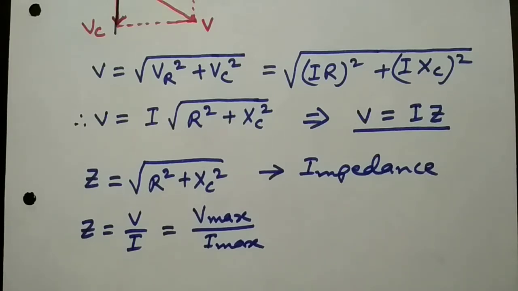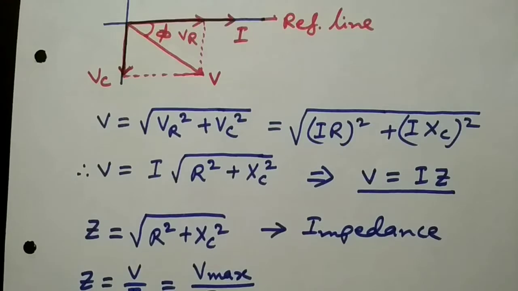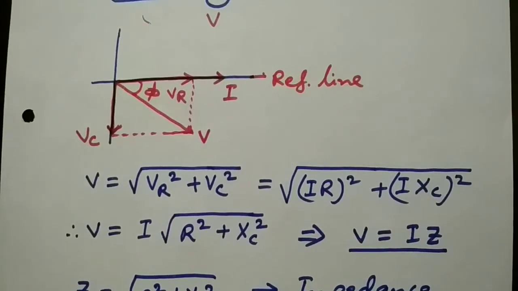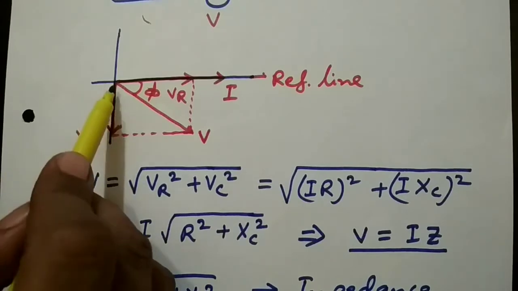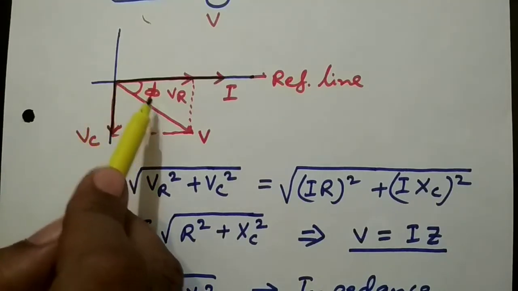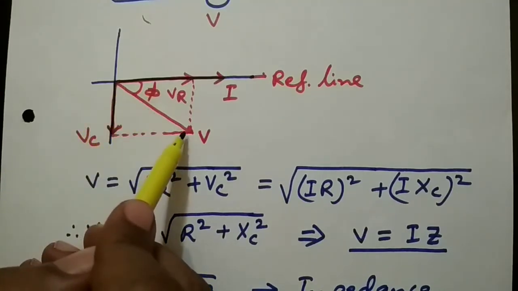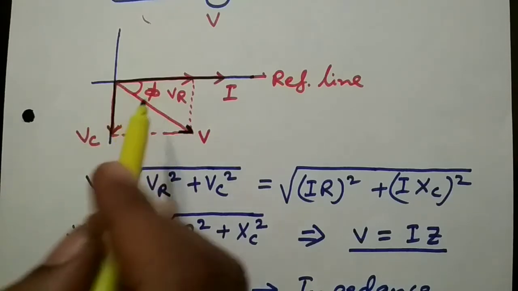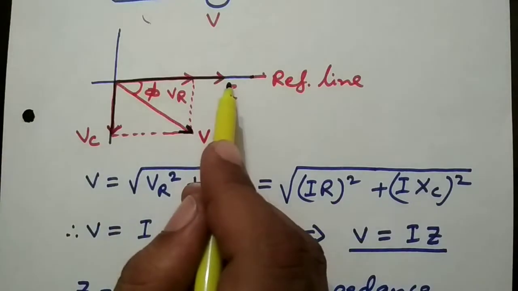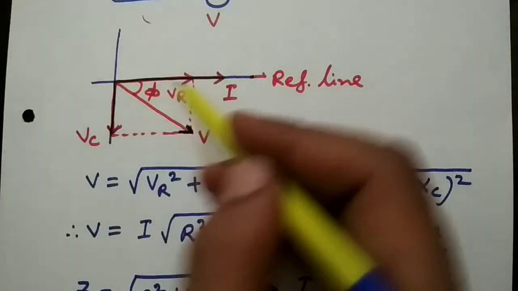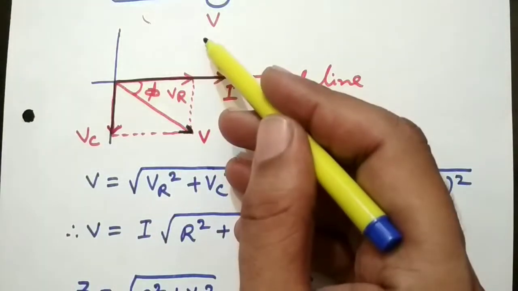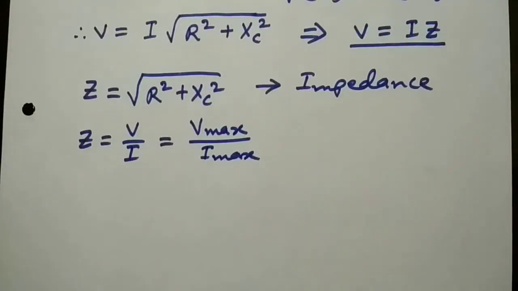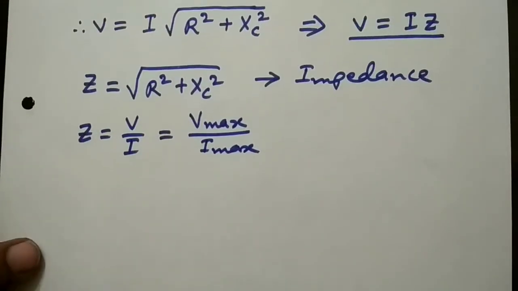Now draw the phasor diagram again by taking voltage as a reference. As we have seen, the voltage is lagging the current by an angle of phi. So if we make the voltage the reference, then the current will lead the voltage by phi angle. So here I draw the phasor diagram again.